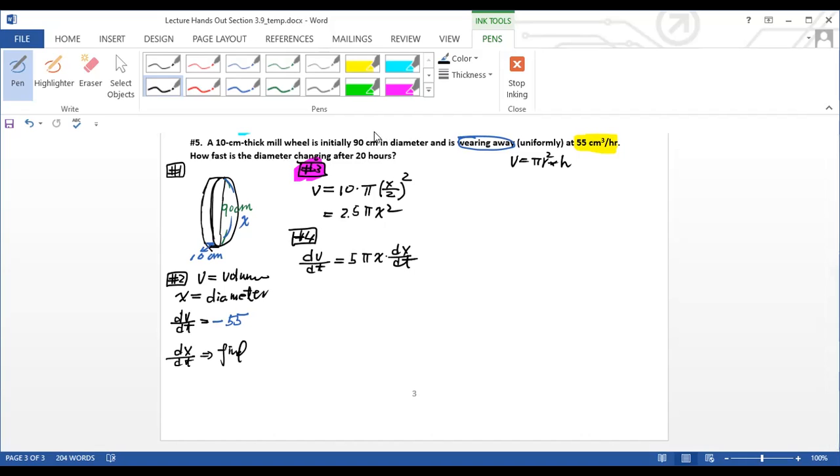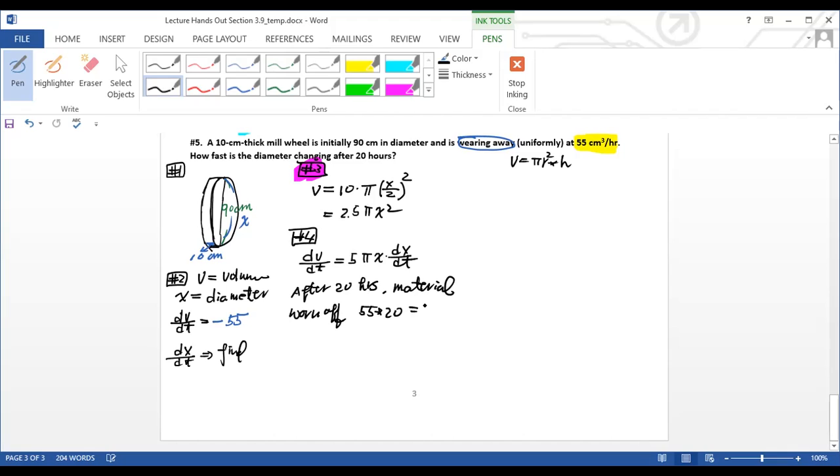Okay, so now let's take a look here. The volume is wearing off at negative 55 for every hour. So after 20 hours, how much material has worn off? 55 times 20, right?